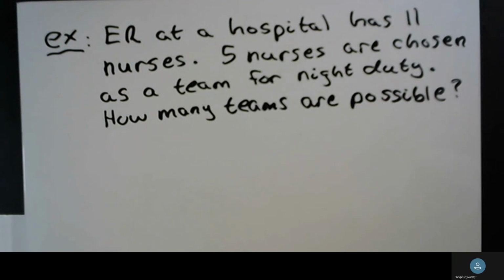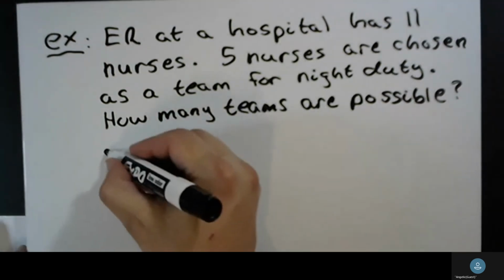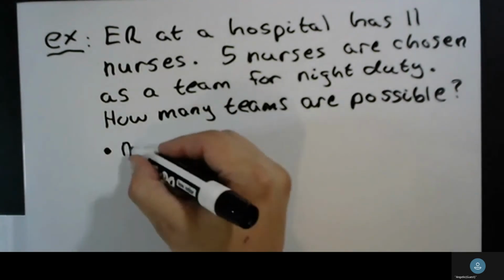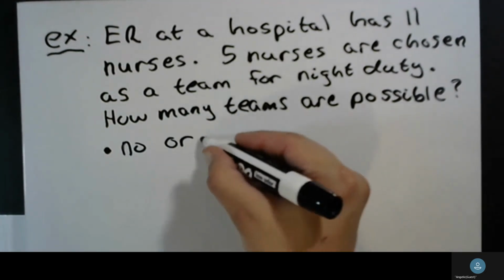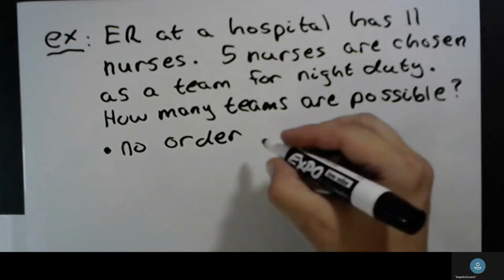So the key thing here is there's no order of nurses. You're not going to have nurse 1, nurse 2, nurse 3, and then if you switch nurse 1 and nurse 2, you have a different kind of order. It's just going to be groups of 5 people. The order those 5 people are in doesn't matter.